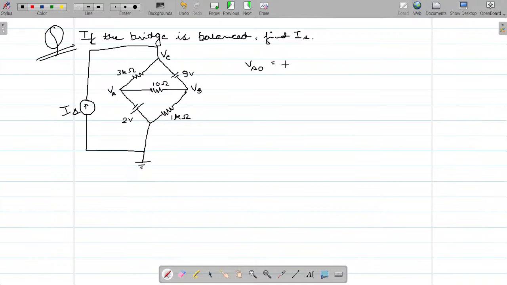So can I say the absolute potential of point A with respect to ground is equal to minus 2 volt? But because the bridge is balanced, does that not also give me the information that VBO also equals minus 2 volt? Is it correct? Right?